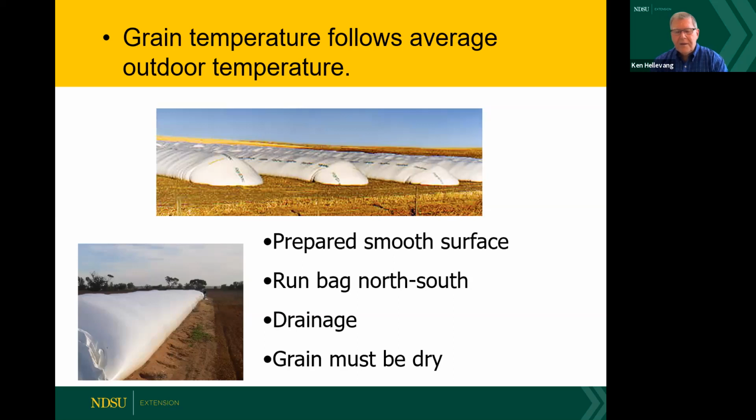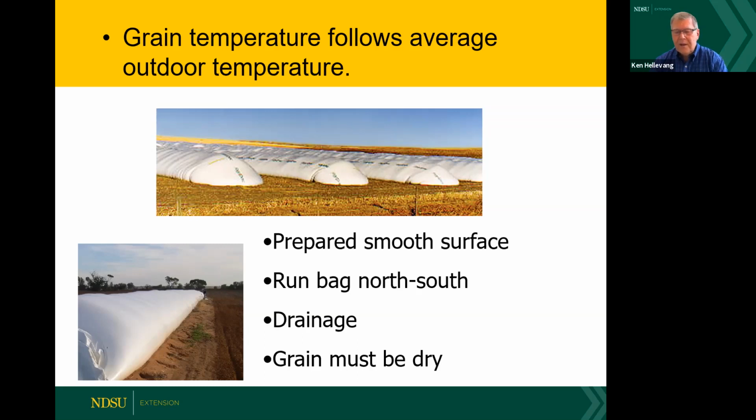We need to be thinking of drainage. Water control in our storages becomes very important. We've talked about humidity levels. Of course, if we have any leaks in the storage, any water that is sitting around the storage, that's going to create a wet environment, which we don't want.